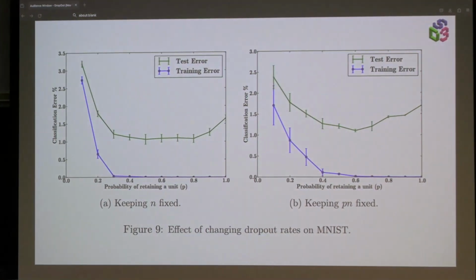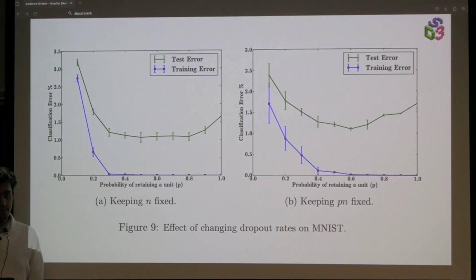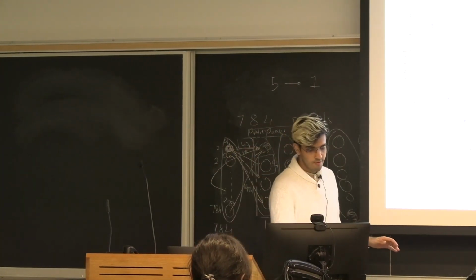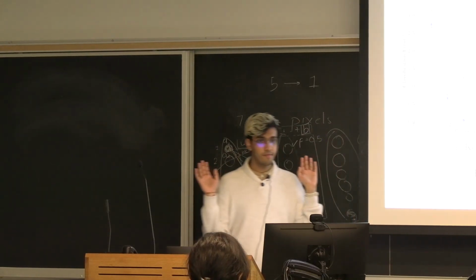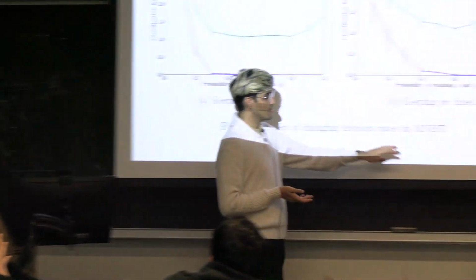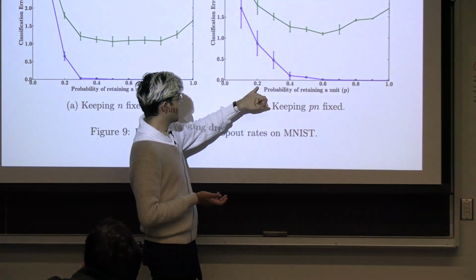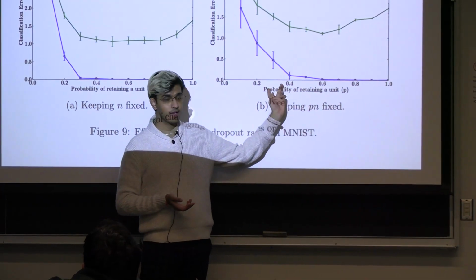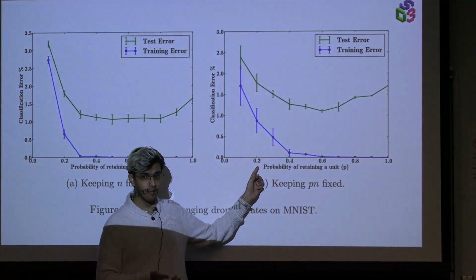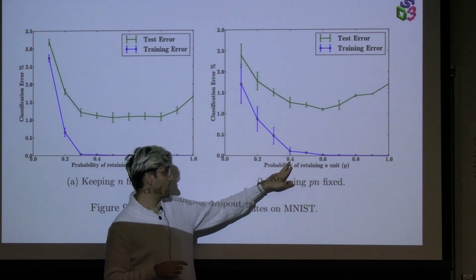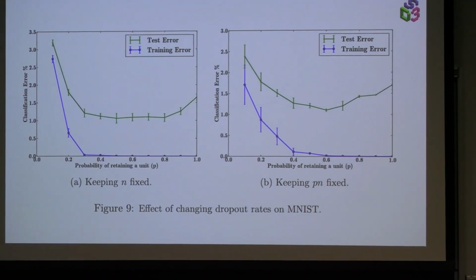Okay. So keeping the number of units fixed, it just means I pick an architecture, and then if my probability of retainment is 0.1, I'm dropping 90% of the units on average. But keeping the expected value fixed means that, for example, between 0.2 and 0.4, to account for P times n being fixed, when it's 0.2, it has twice the number of units than the architecture when we're training with 0.4, right?